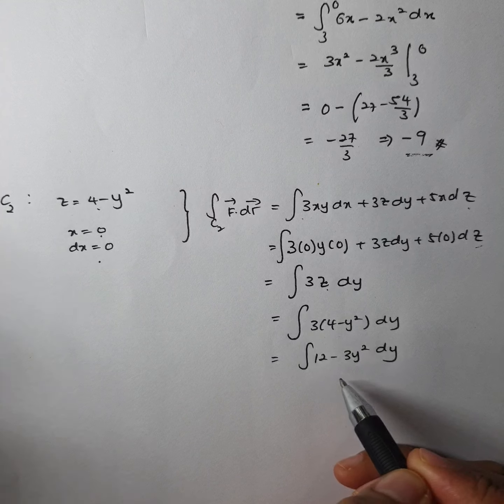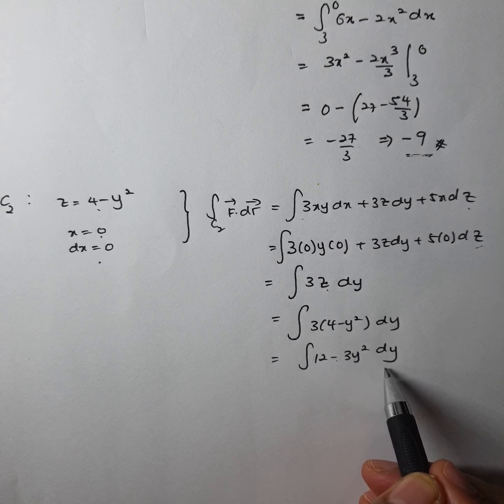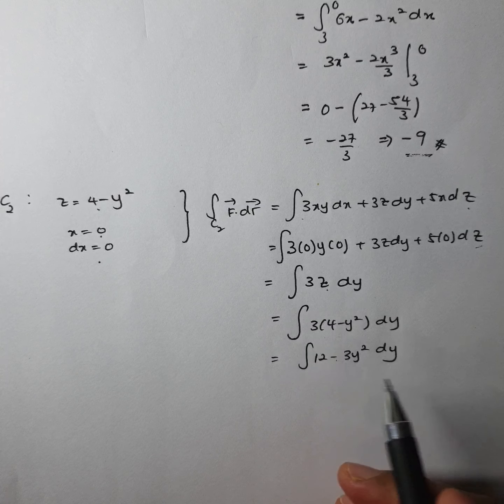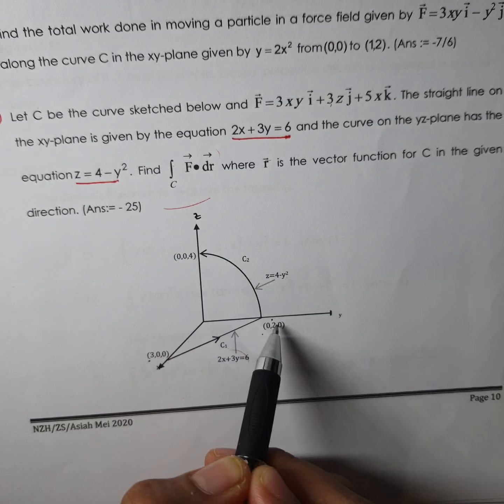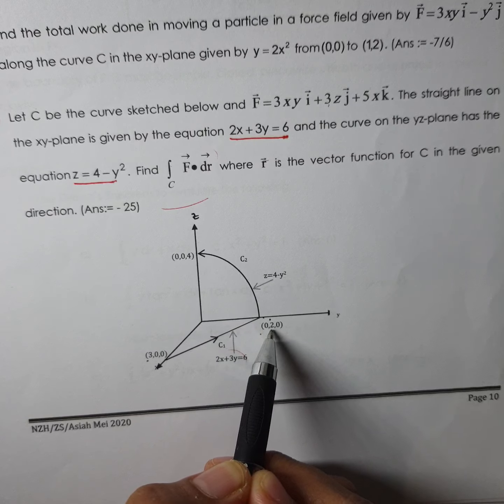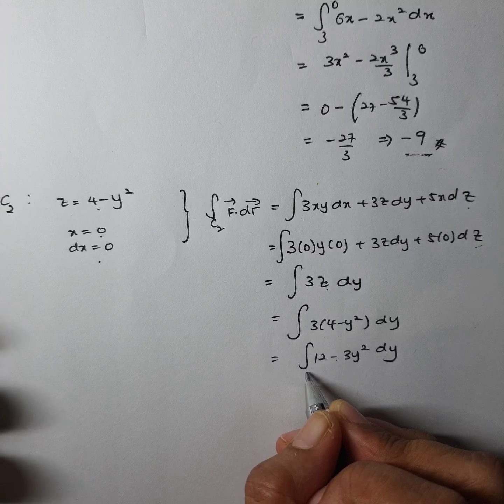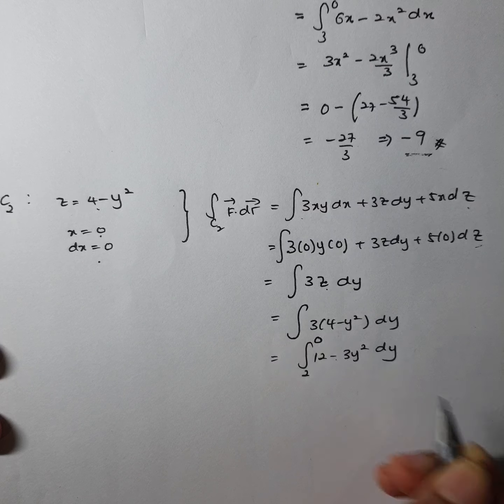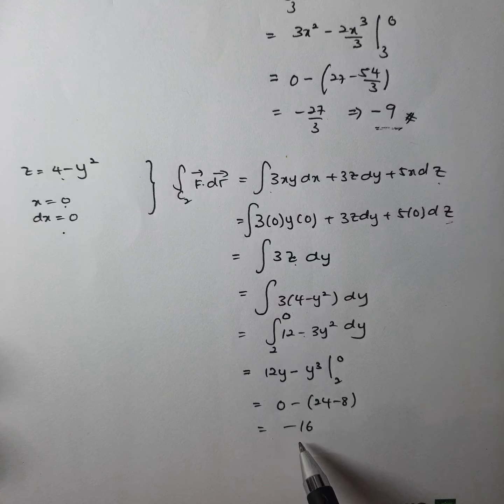Alright, so substituting, you will have in the end 12 minus 3y squared dy. So everything is in terms of y already. To know the boundary, you can see that for your path C2, you look at the arrow from here to here. So you look at the y coordinate. y from 2 to 0. So that is why here it will be from 2 to 0. Then solve. Okay, so solving this, in the end you will have C2 equal to negative 16.